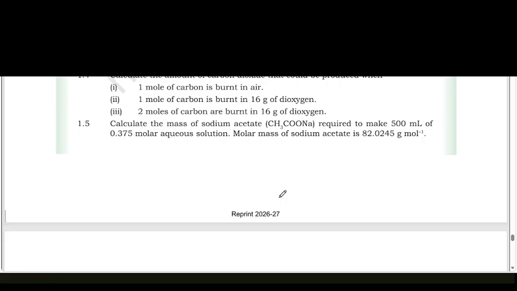We don't know the given mass, but given mass equals 0.375 into 82.0245.